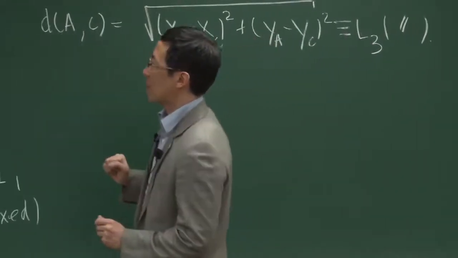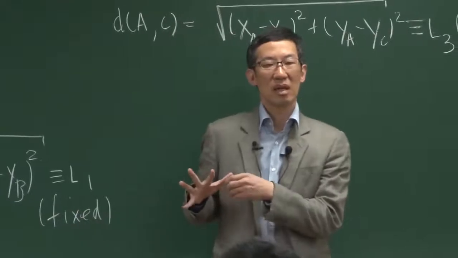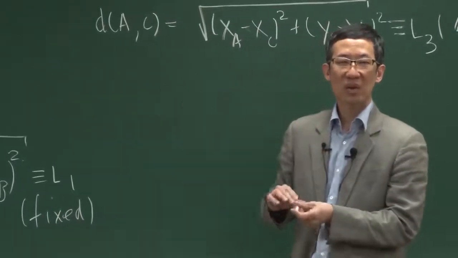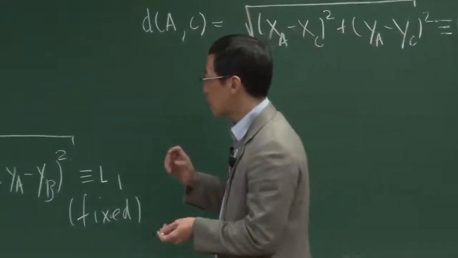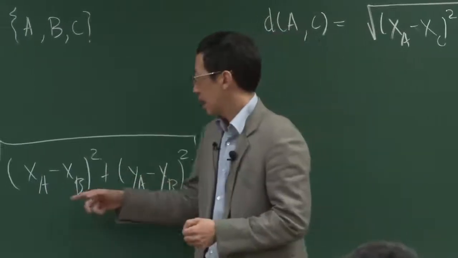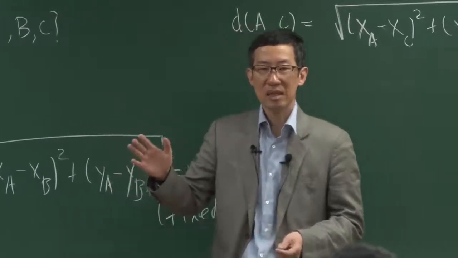So let's now go back to the original question. How can we describe the location of the coin using coordinates? Originally we had 6 coordinates: xa, ya, xb, yb, xc, yc.